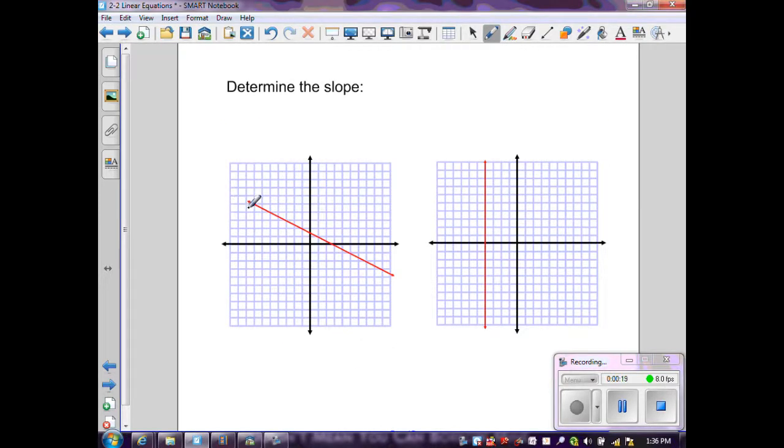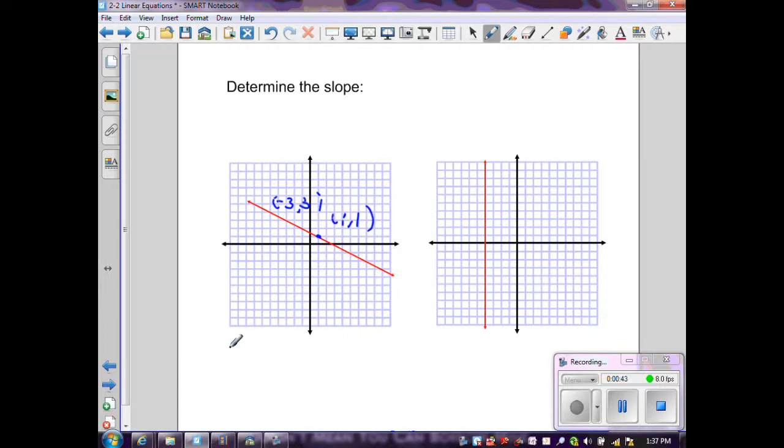Our next example, again, we're given a graph of a line. Here we still want to find 2 ordered pairs. So here I'm going to pick an ordered pair, which is going to give me whole numbers, and I have a negative 3, 3. And another ordered pair is going to give me positive 1, 1.